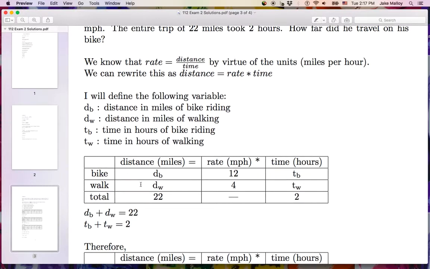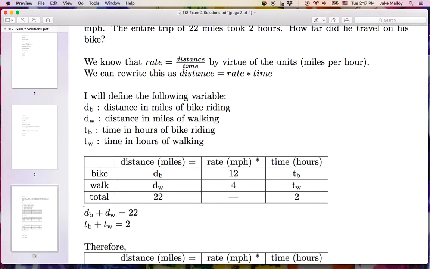In this case, I'm making my variables very clear and very obvious. D sub b is the distance of biking in miles, and d sub w is the distance in miles of walking. And likewise, t sub b is the time in hours of biking, and t sub w is the time in hours of walking.